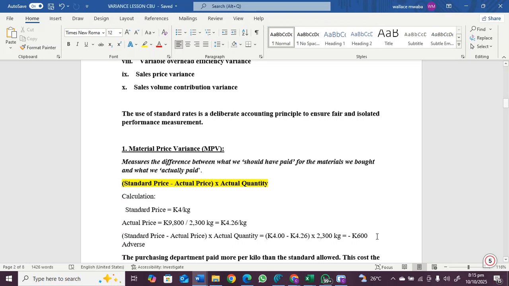What this tells us is we actually paid more than we expected, going over by 600 kwacha.